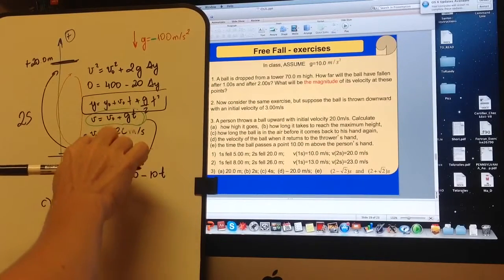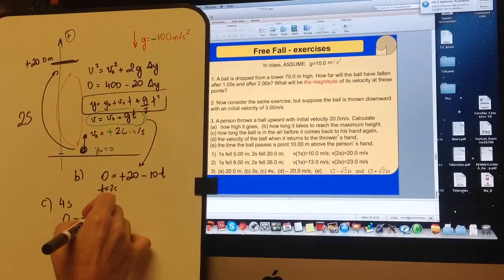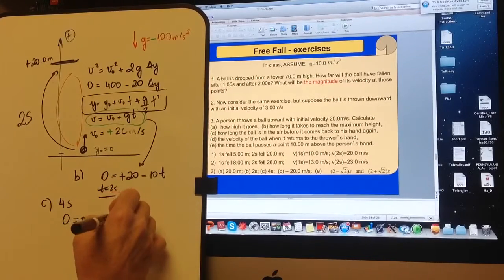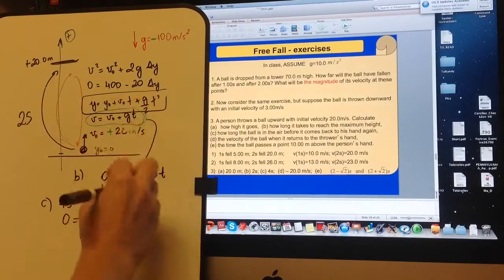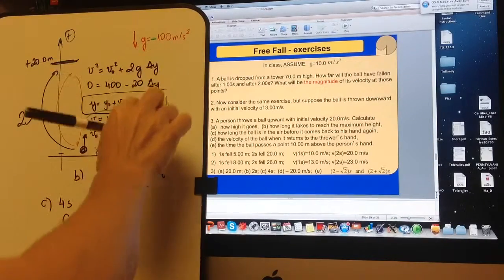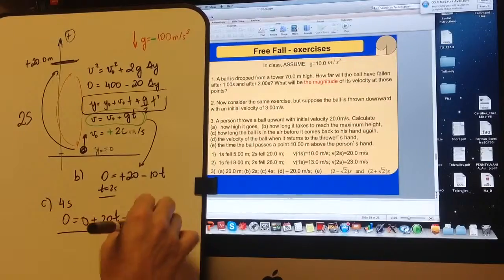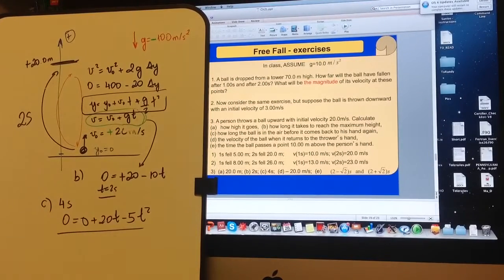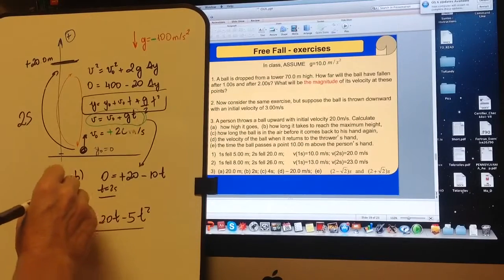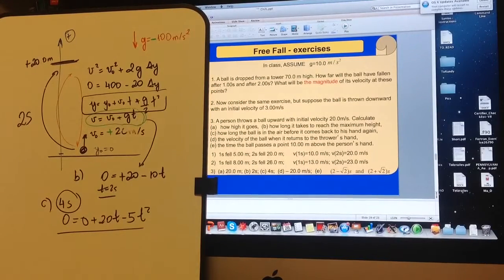The initial velocity is plus 20, with t. And g is minus 10 divided by 2, minus 5. If you solve this equation, you will see that you get those 4 seconds. So it's always good to be skeptical, as we said. This is the spirit of a good scientist. So go on and check.